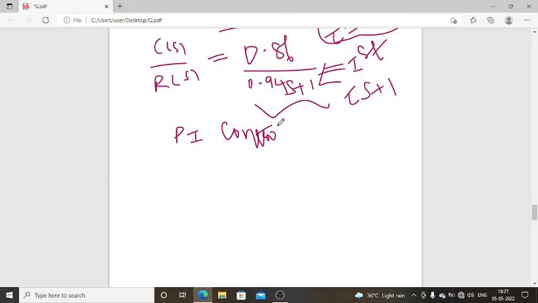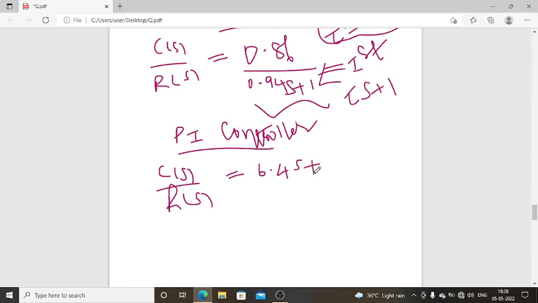So C of s by R of s is equal to (6.4s plus 1.28) divided by (7s squared plus 7.4s plus 1.28).